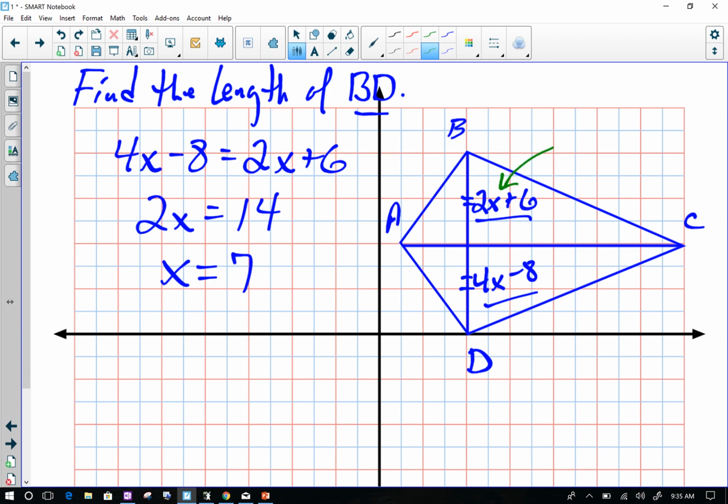We come over here and plug our 7 in here. 2 times 7 plus 6, that'd be 14 plus 6 is 20. We know that this bottom one should also be 20, but we can plug it in anyway. So 4 times 7 would be 28 minus 8 is 20. And then if we add those up, our answer to our question, how long is BD? BD is 40.